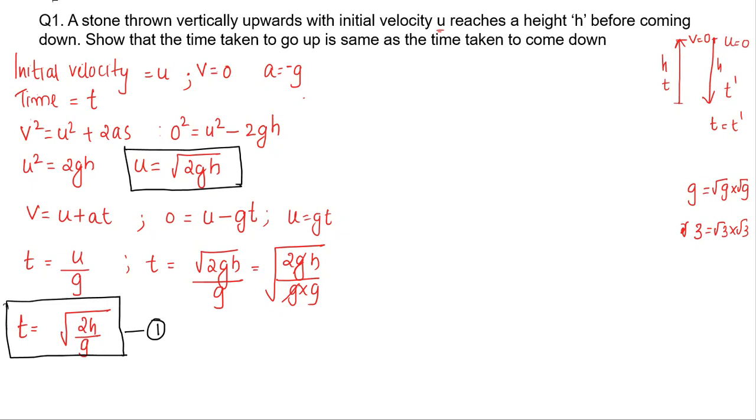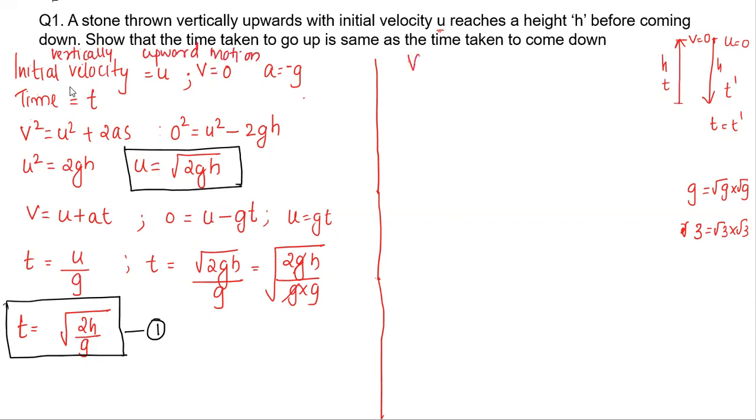If the object is moving upwards, then the time we got is under root 2h upon g. So t dash also we should get the same value. Then we can say that t is equal to t dash. Now this is for vertically upward motion.